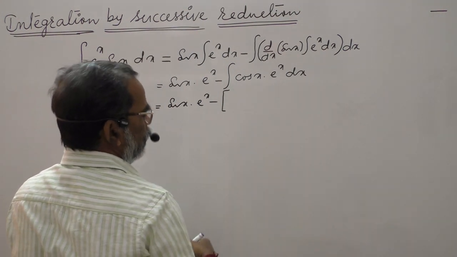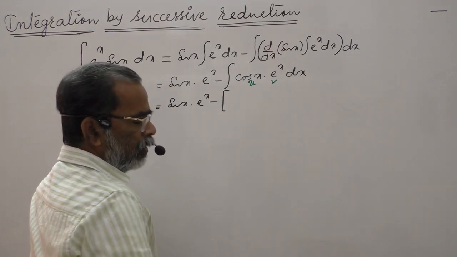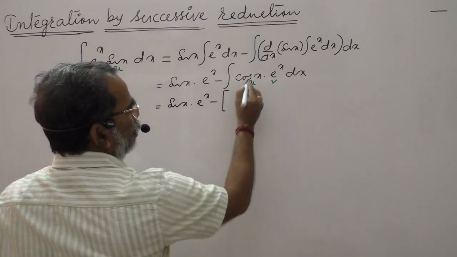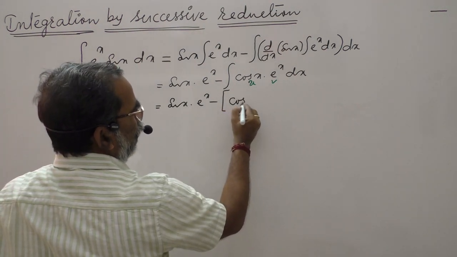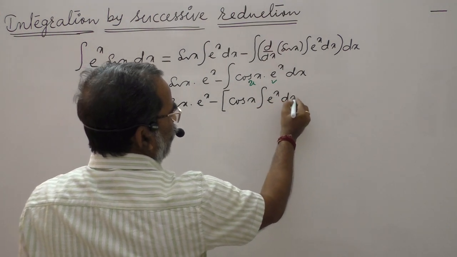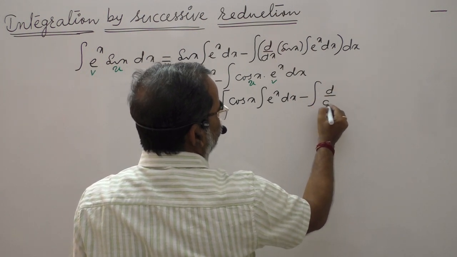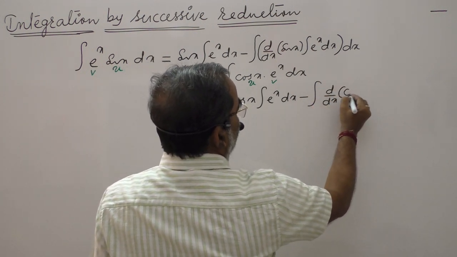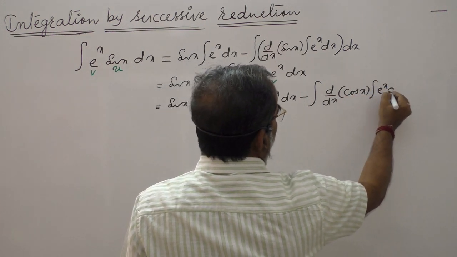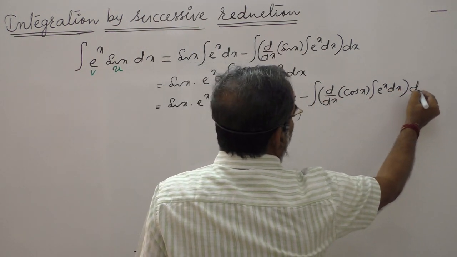The trigonometric function is the first function u. The exponential, e, comes last in the phrase ILATE, therefore that is the second function. So if I apply integration by parts again, u into integral v dx, minus the integral of d by dx of cos x into integral e power x dx, for the entire product once again an integral.